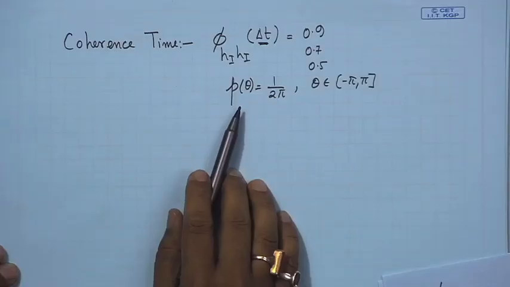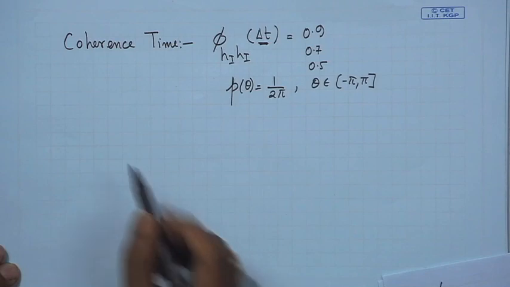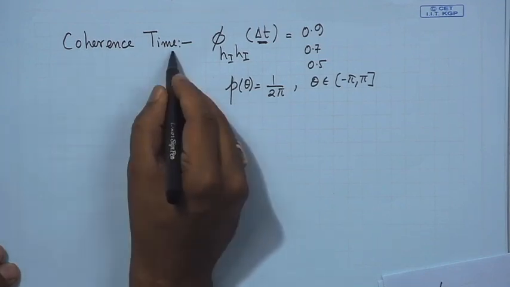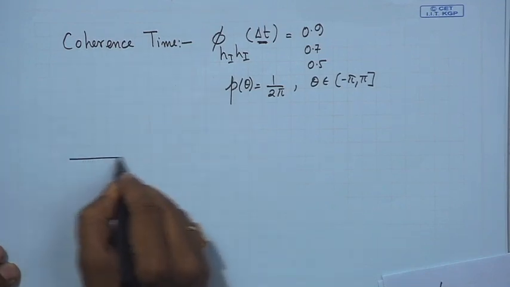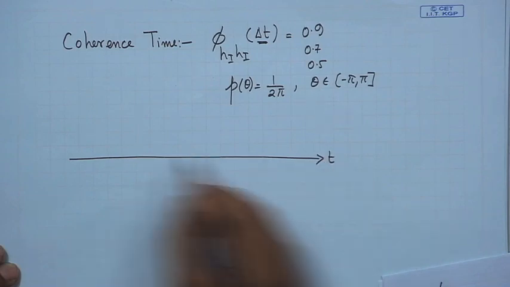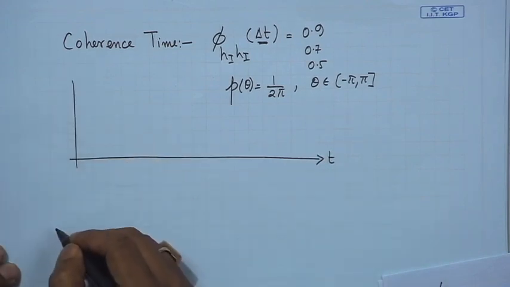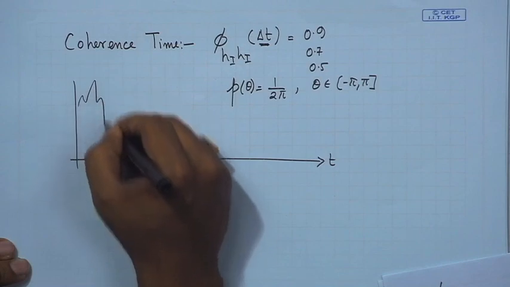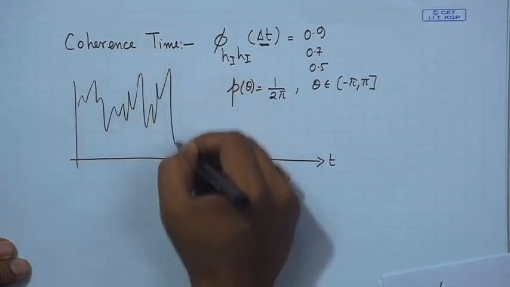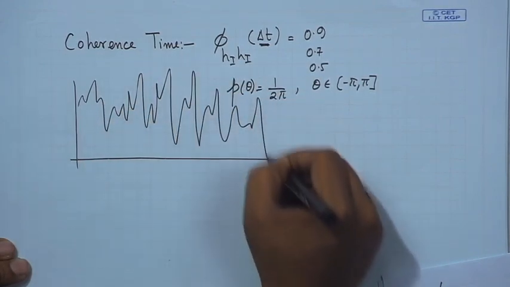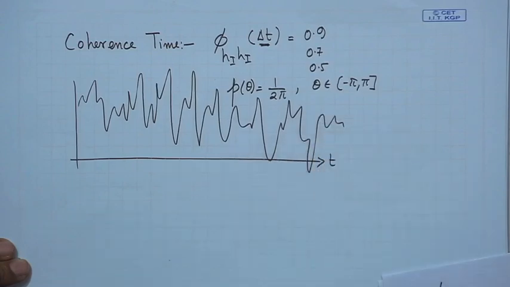So, what we are essentially trying to say is coherence time is the time over which the signal is correlated with itself. So, if this is the time axis, this is the h of t, the signal received would be fluctuating like this.